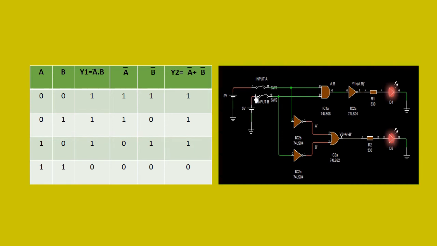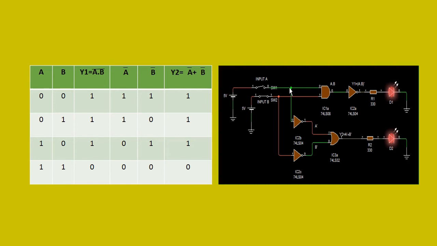Second condition, when A0 B1. A0 B1 means this line is 0, this line is 1, 0 1, we get 0 here. 0 is connected with this input terminal of the NOT gate, so here we get 1. So LED will glow.